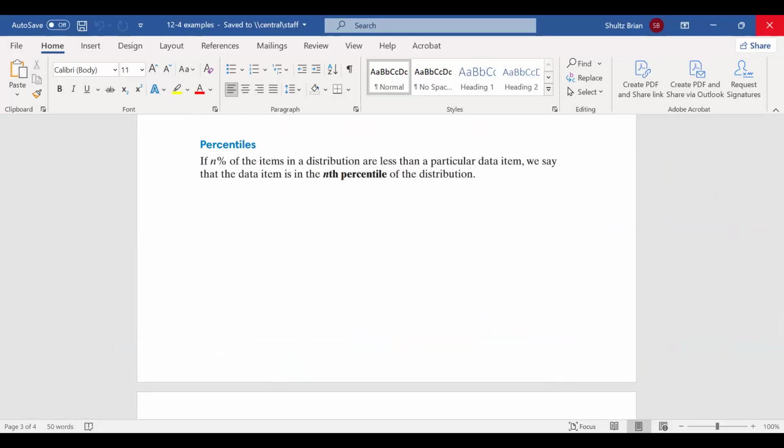If you remember doing any standardized testing, for example on the ACT math portion, if you got a 21 on the math, you were possibly in the 84th percentile, is how they would say it. What that means is 84% of the scores were below the 21.